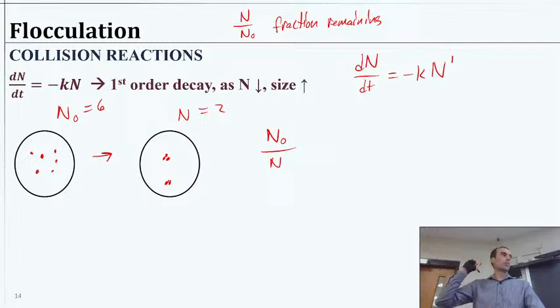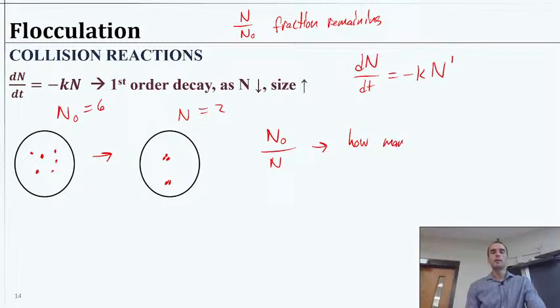So pause on that and hear what I just said. This is telling us how many original particles are in each of the final ones. Because if we know something about the size of the initial ones, this lets us know the size of the final ones. Okay, so this is actually almost all it's about.